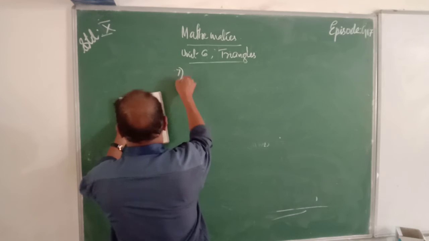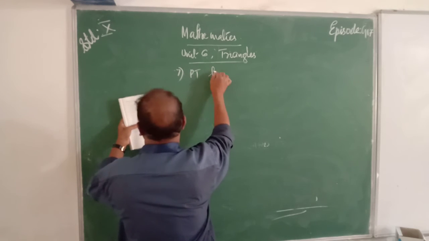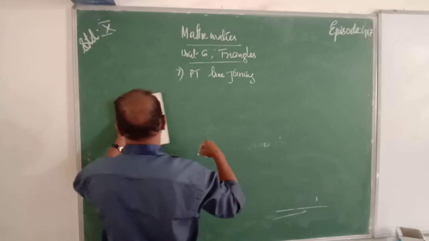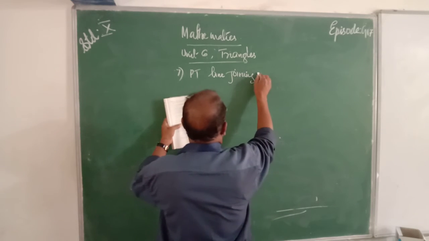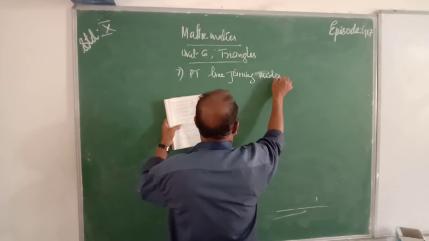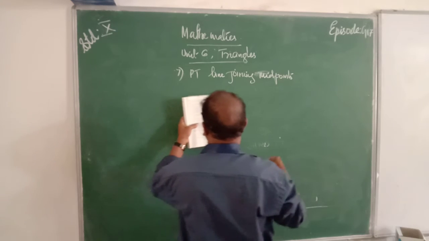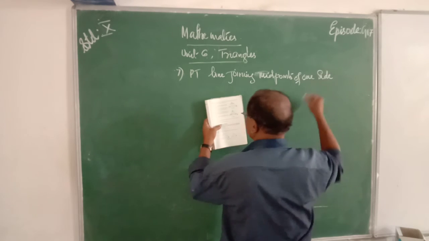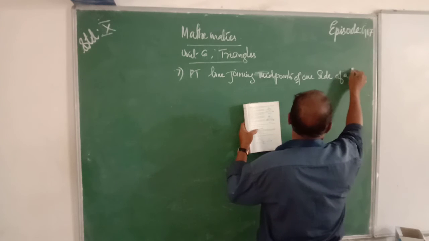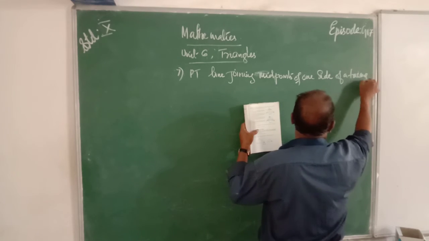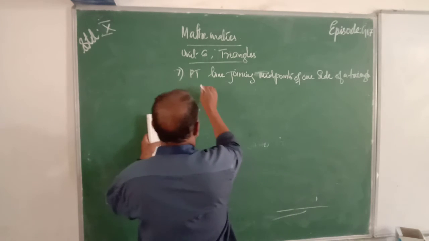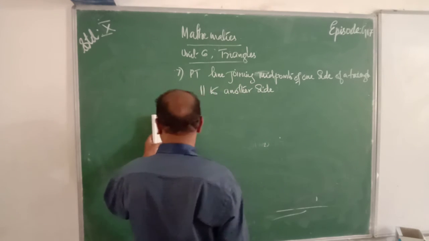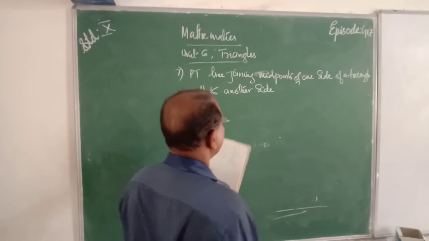Then question number 7. Prove that the line joining the midpoint of one side of a triangle, parallel to another side, bisects the third side.